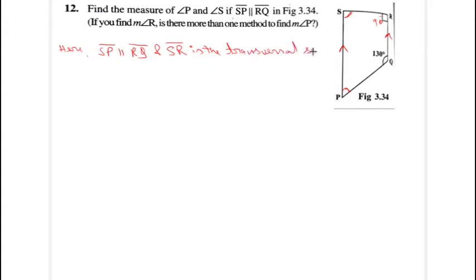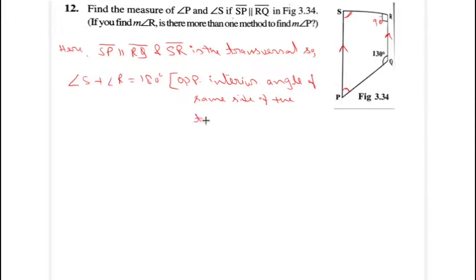So angle S plus angle R is equal to 180 degrees because they are opposite interior angles on the same side of the transversal SR. Okay, so angle S we have to find out.